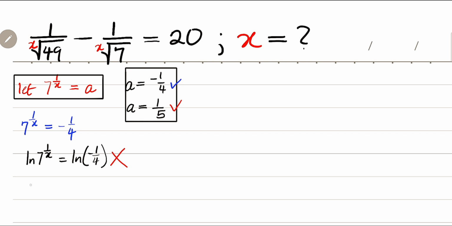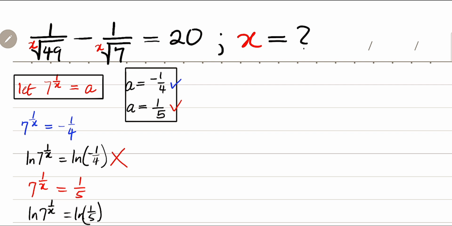So we come back here, 7 raised to 1 over x equals 1 over 5. So let us apply ln to both sides. By applying ln to both sides, we have ln of 7 raised to 1 over x equals ln of 1 over 5.